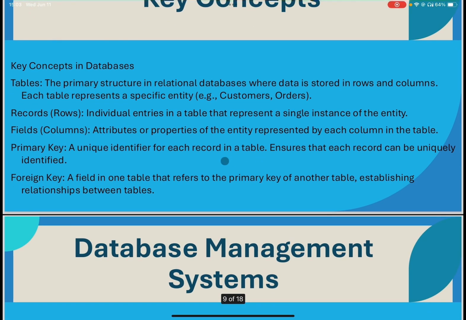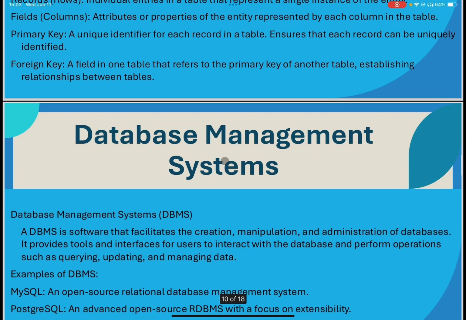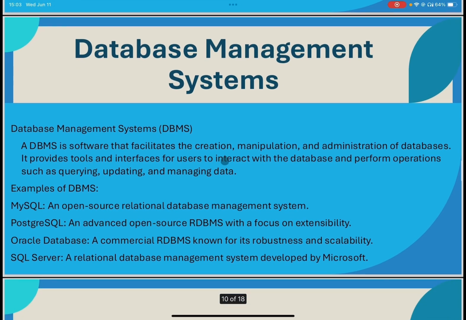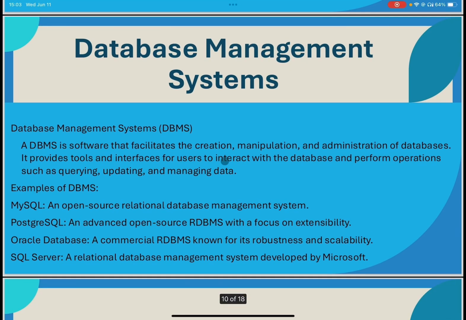And what are the key concepts of database? The next we can go to DBMS, database management system. So what is this DBMS? The database management system is actually software that is used to store your data and keep your data safe.